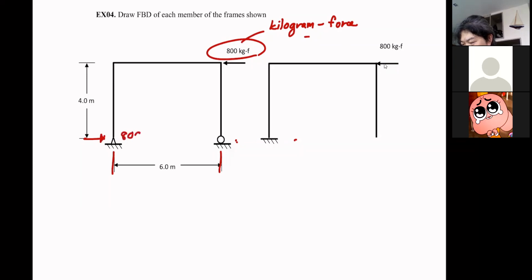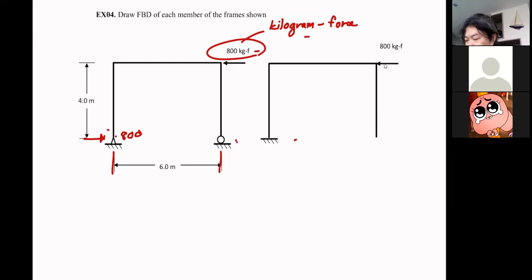Correct. So now generally I don't take moment, but for those of you who are not familiar with going quickly, you can take moment at this location to obtain that force. But for me, I can easily look at this and say, okay, you see 800 here, 800 there.